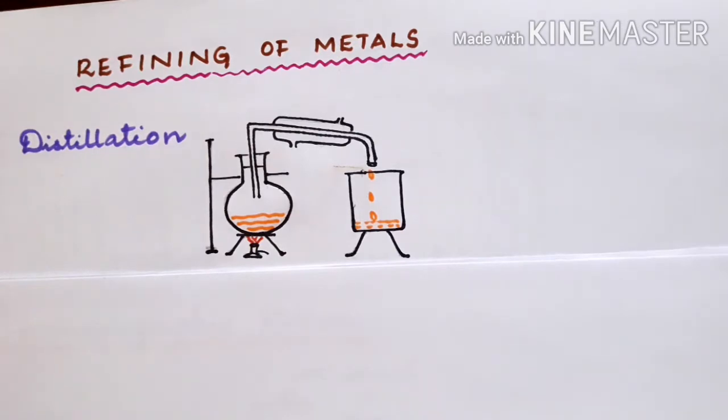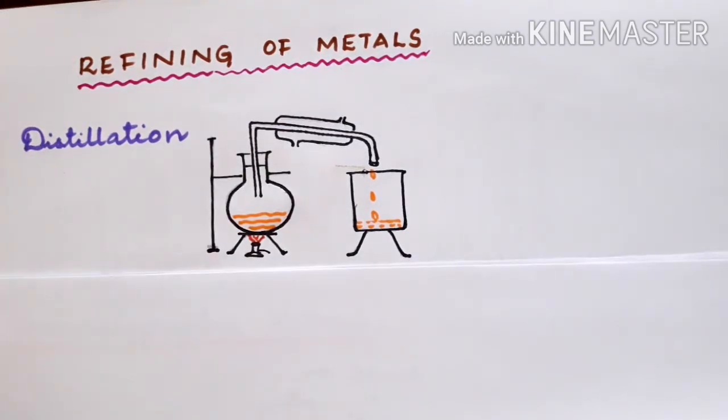Examples are zinc, cadmium, mercury, copernicium, etc. These metals are taken in a retort, and with the help of a condenser, we collect the vapors into a beaker where the impurities remain in the retort and the pure distillate is collected as the metal.